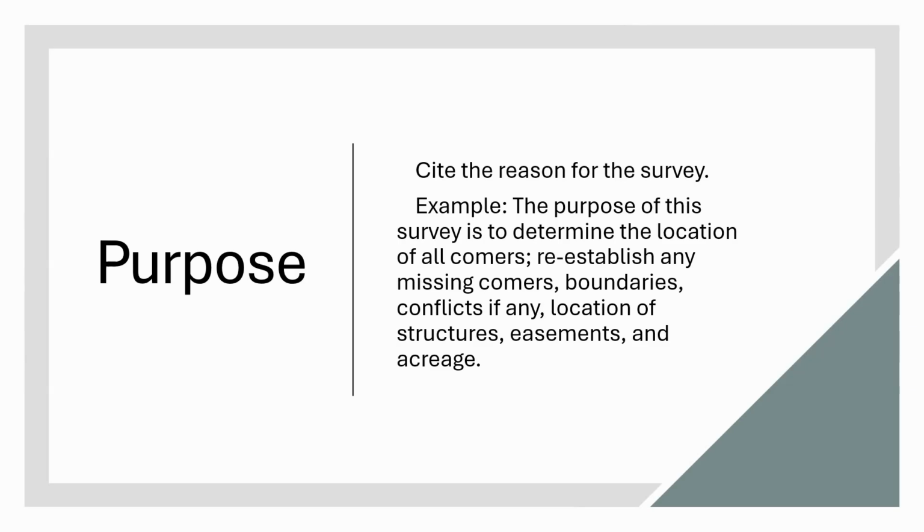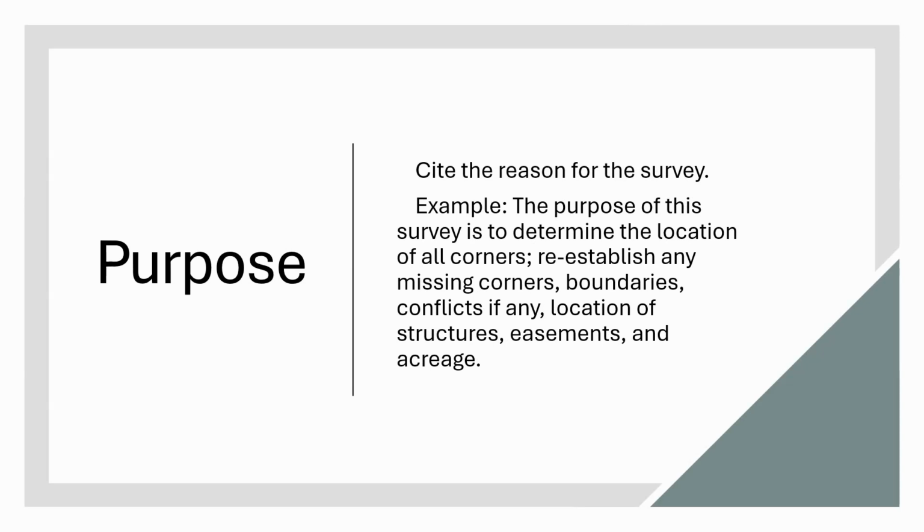And then after our title, we're going to have our purpose. So the purpose is going to be a clear and concise way to cite the reason for your survey. An example of that would be: the purpose of this survey is to determine the location of all corners, reestablish any missing corners, boundaries, conflicts if any, location of structures, easements, and acreage.